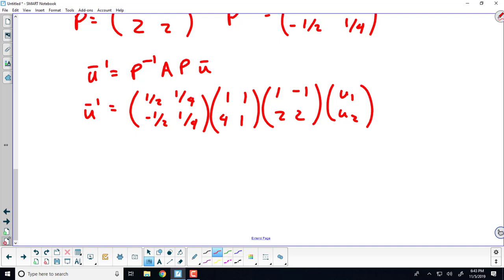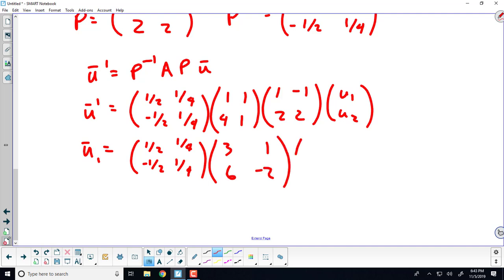But when we do the matrix multiplication here, I'll multiply the 2 on the right together. So let's see here. This gives us 3 minus 1 is 1, 6, and minus 2.